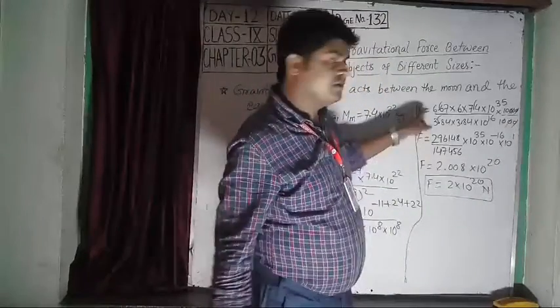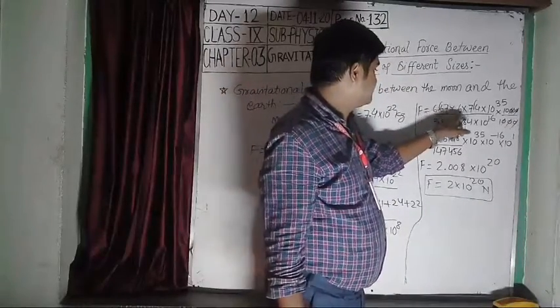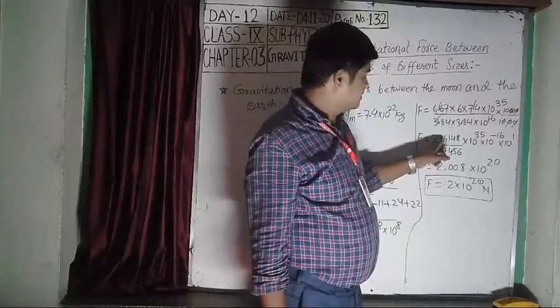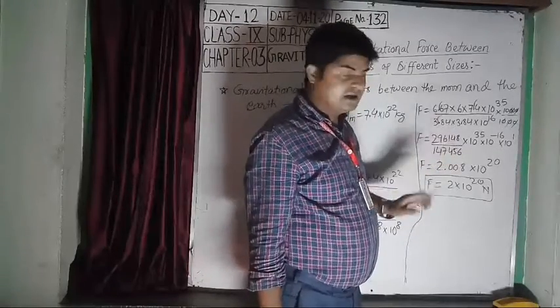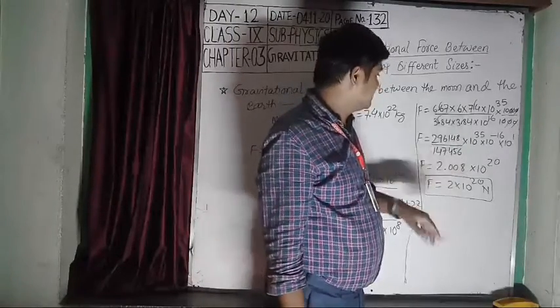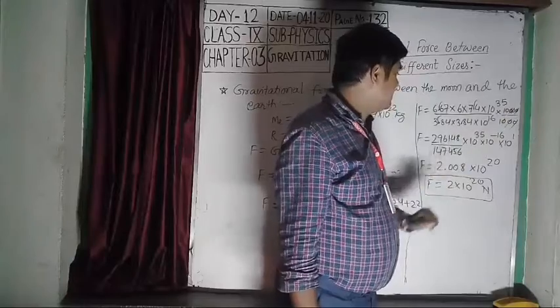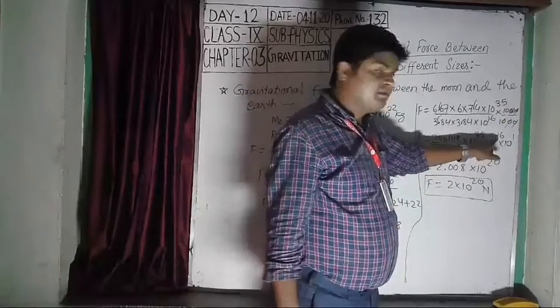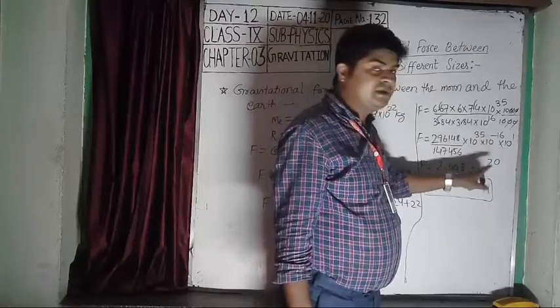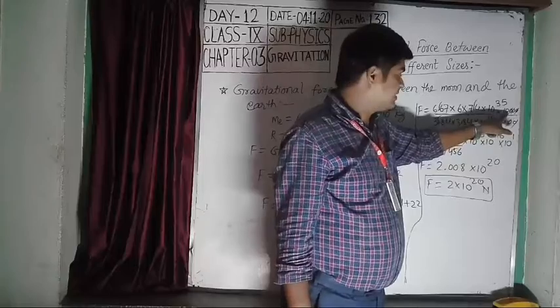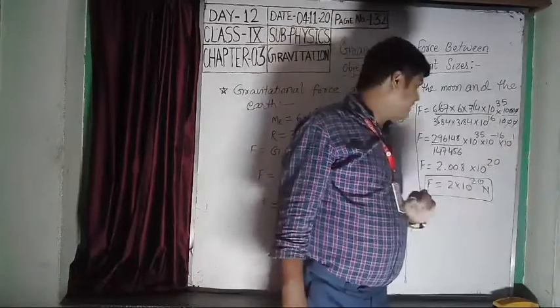Then you multiply 7 into 6 into 74, which becomes 296148 by 384 into 384, which is 147456, into 10 to the power 35 into 10 to the power minus 16, and 10 to the power 1 left.